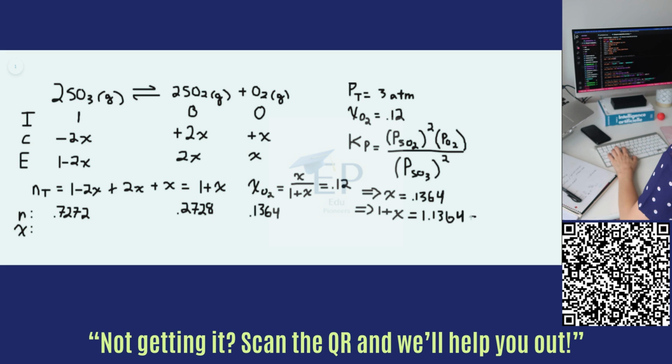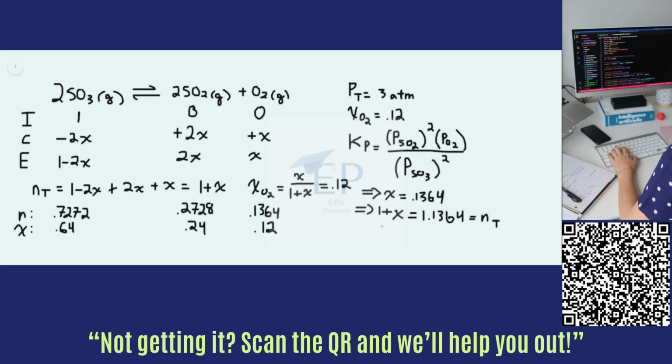So this equals N total. So if I divide each of these three values by the total, I can get the mole fraction of each of them. Here it is 0.64. Here it is 0.24. Here it is 0.12, what I was given.